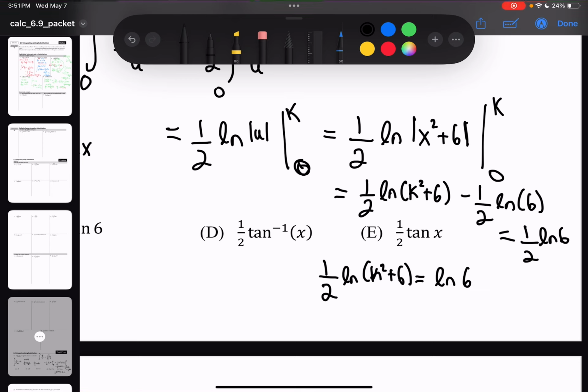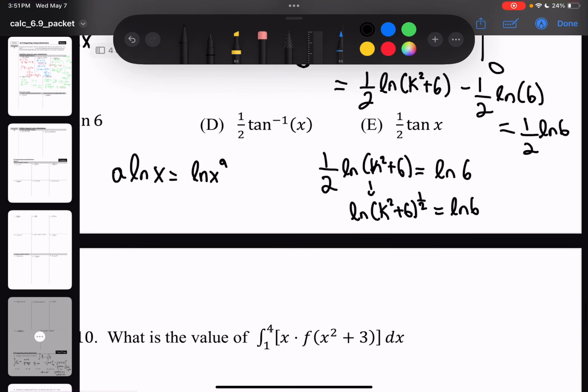Now what you can do is take the half as a power over here. So this can be ln of k squared plus 6, all of it to the power of half. This is according to a property in logarithms: if you have a ln x, this can be equal to ln x to the power of a. So we have ln equals ln 6, and ln and ln you can cancel them out.